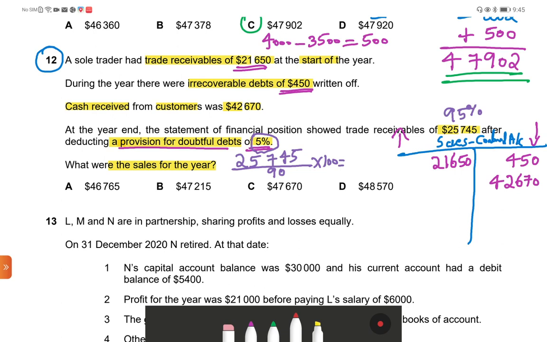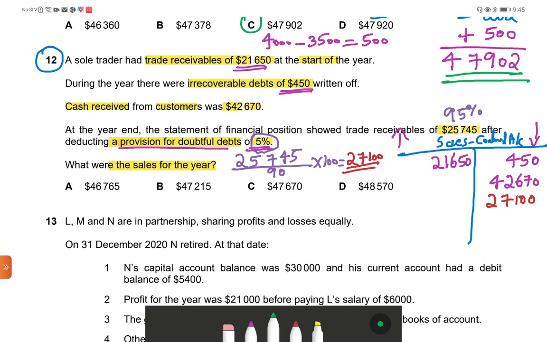It will be 27,100. That is our actual closing trade receivable. Opening trade receivable on the debit side, closing trade receivables on the credit side, 27,100. So now we have to find the value of the sales.